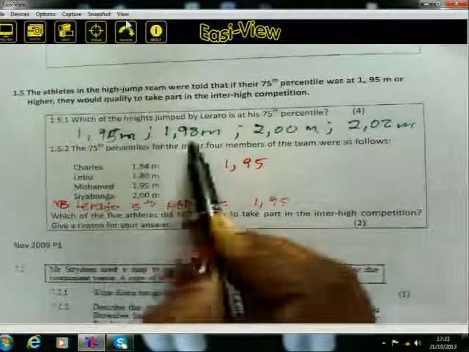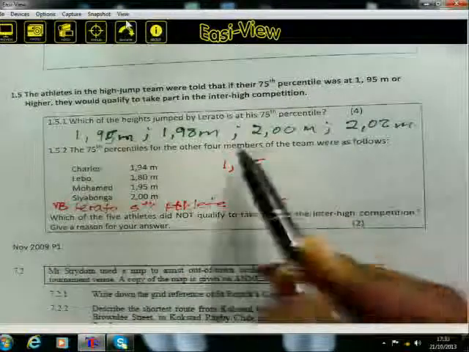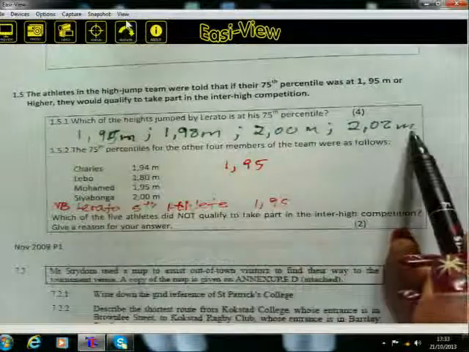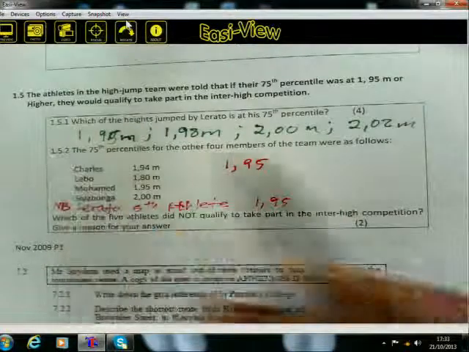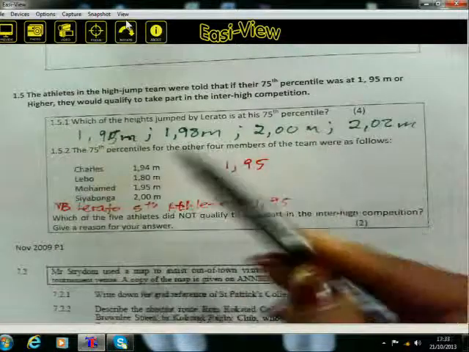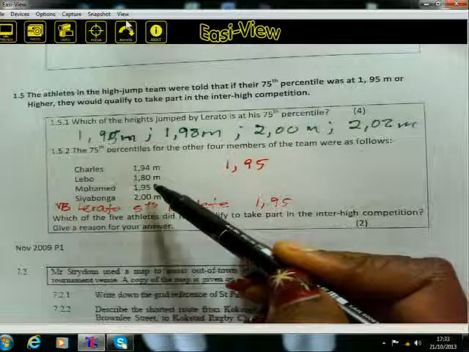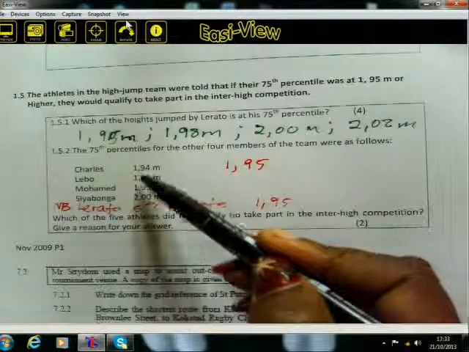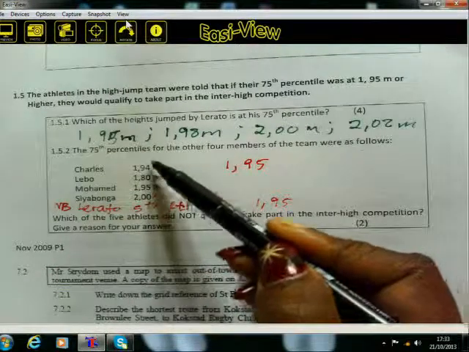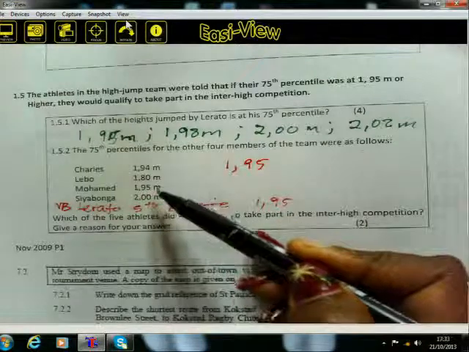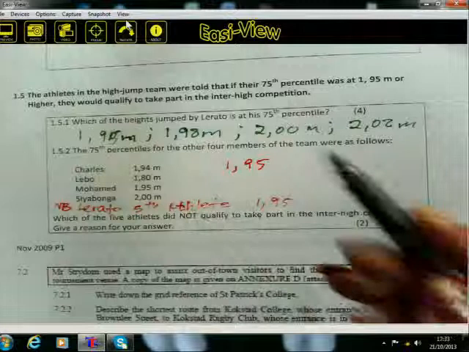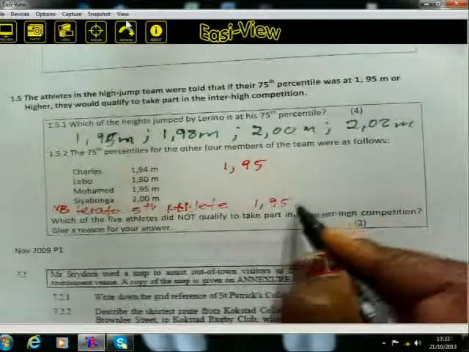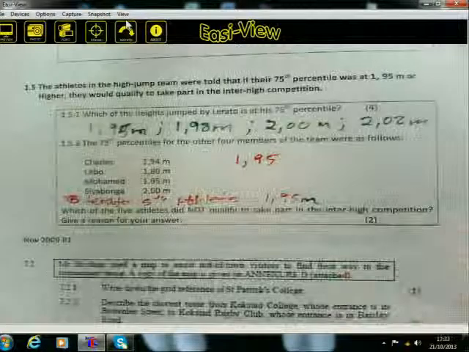So it is very important for you, because here we can see you are dealing with meters. Write it in meters. Even in 1.5.2 here, you were also given the heights of different athletes. Also here the heights were given in what? In meters. So whatever you give us here, you should include your units.